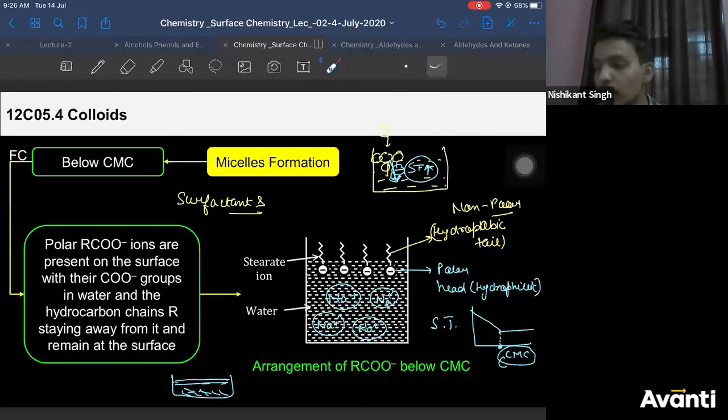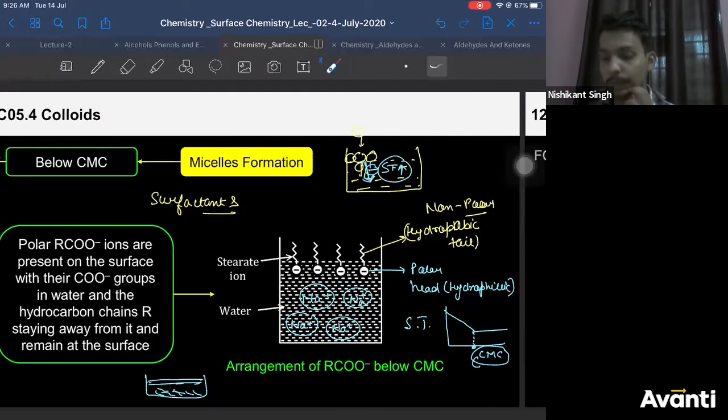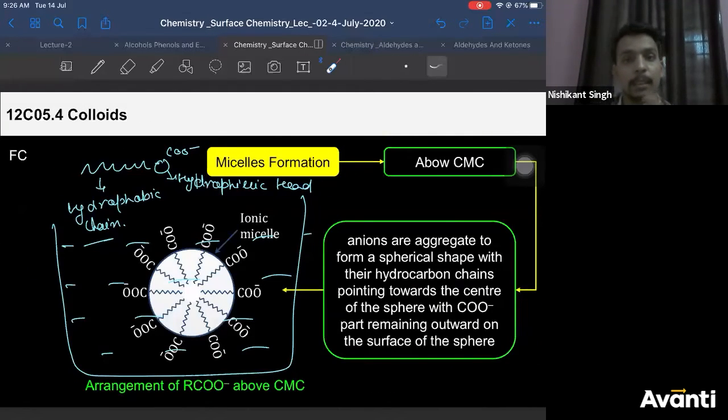For a given volume, a sphere has the minimum surface area. So your surface tension will be minimized at this point. To minimize the surface tension, the micelle formation takes place in the shape of a sphere. Is that clear, Aishwarya?